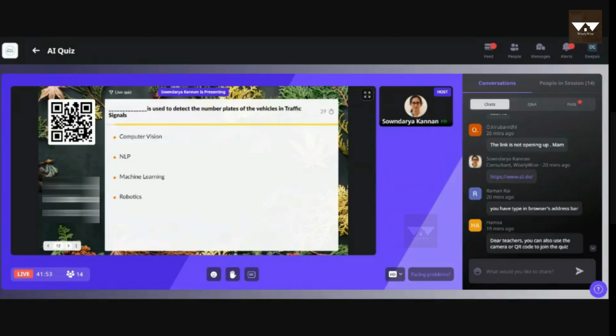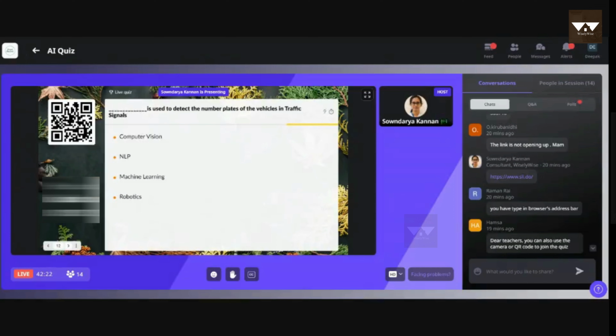Okay, this is pretty easy. Dash is used to detect the number plates of the vehicles and traffic signals. There are 12 seconds left.